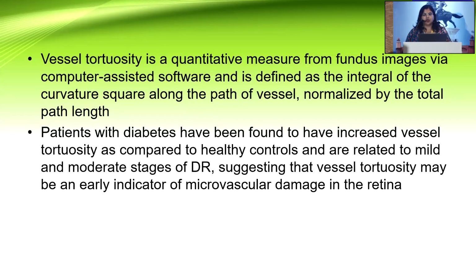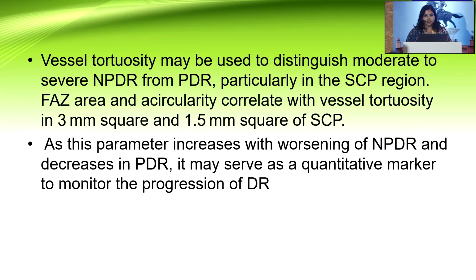So these are very important parameters which help us detect NPDR and also help in detecting the progression of the NPDR, because these parameters increase with the severity of NPDR. It may also be used to distinguish moderate to severe NPDR from PDR, particularly in the superficial capillary plexus region.